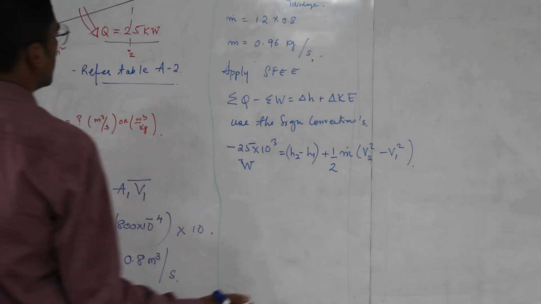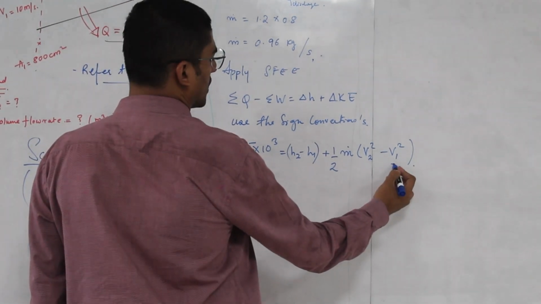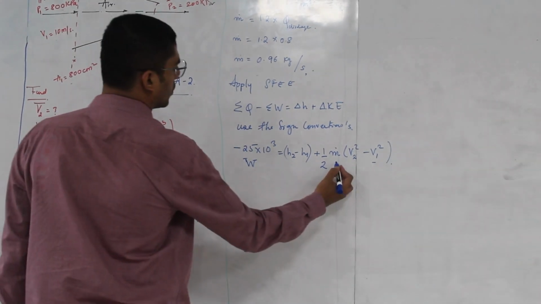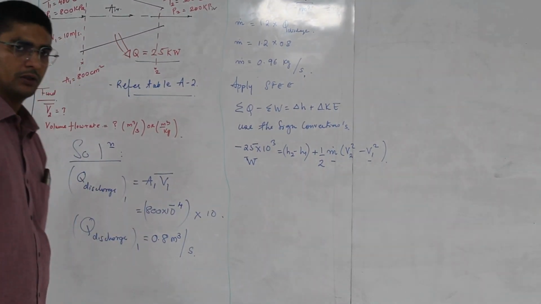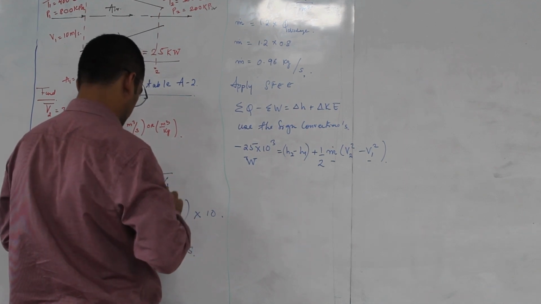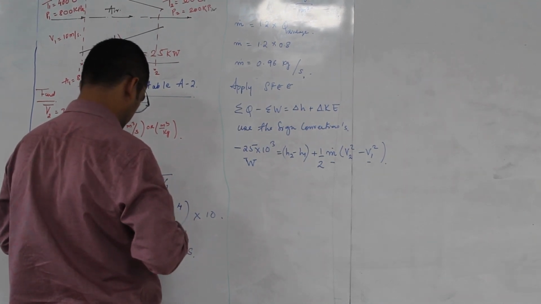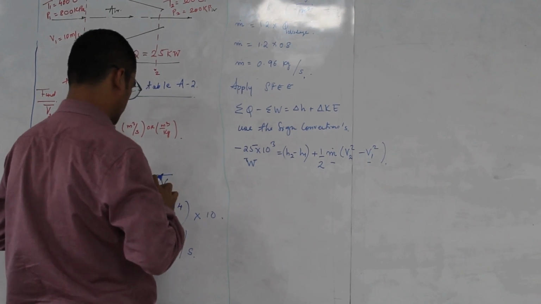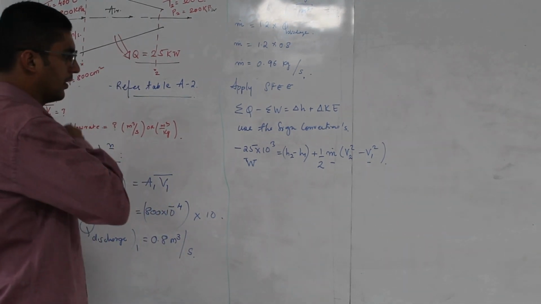Now, as we know the value of velocity at point number 1 and we know the value of m dot, let us put it in and see.